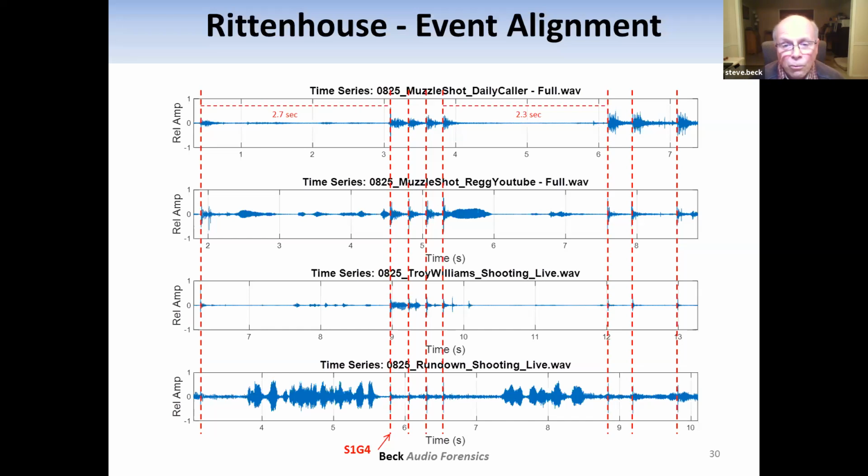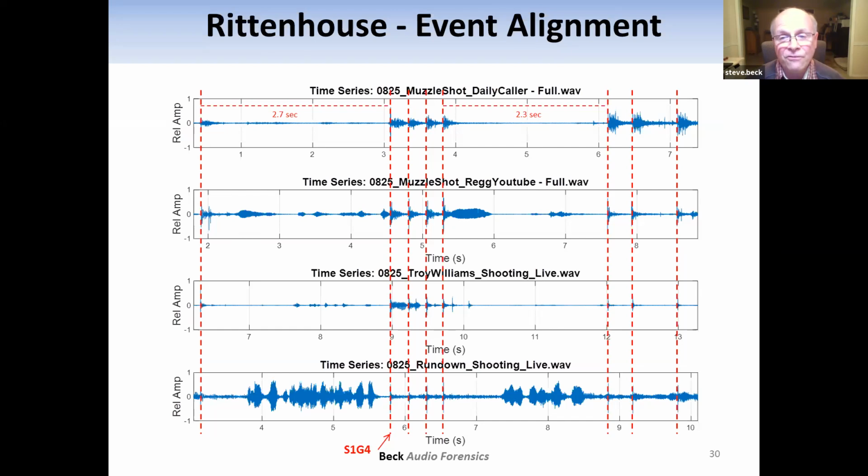section, were all Kyle Rittenhouse, because you can watch him in the video, and it looks like he's doing all the shooting. And it turns out that, sure enough, if you align everything to that shot number 2 that I've labeled S1G4, that's the first shot in the group of 4, everything looks like it lines up.